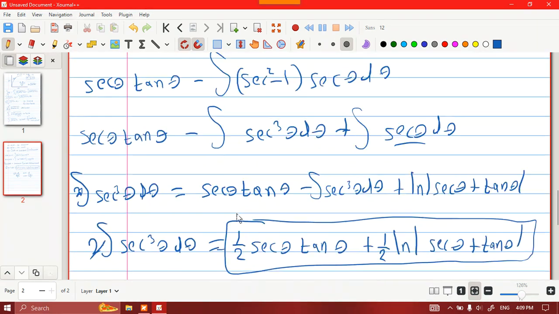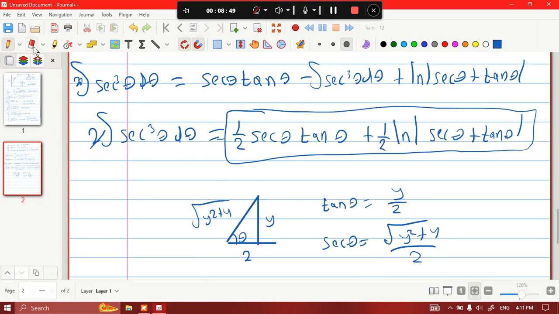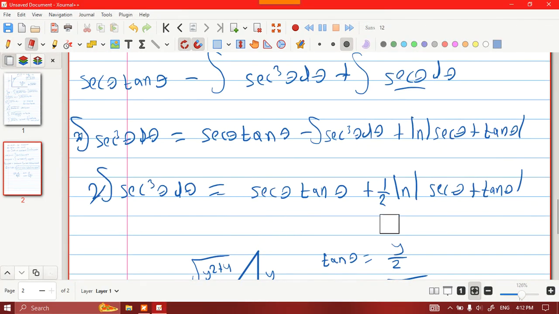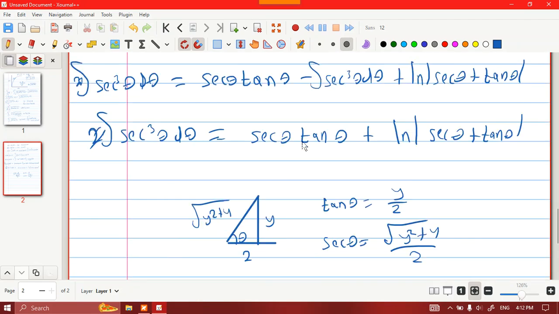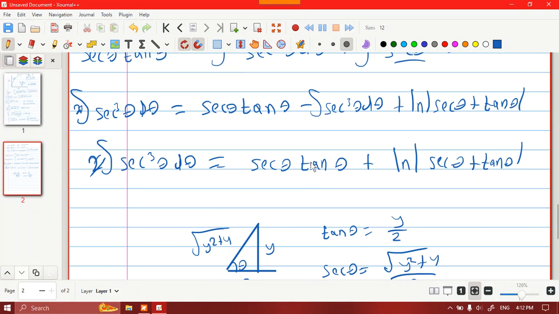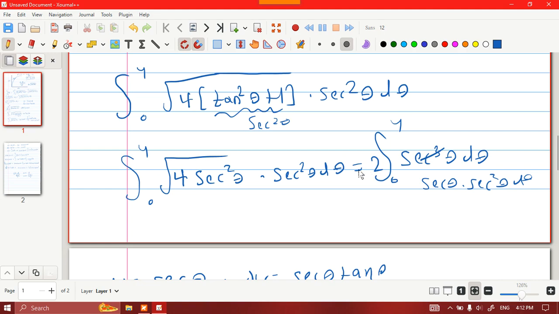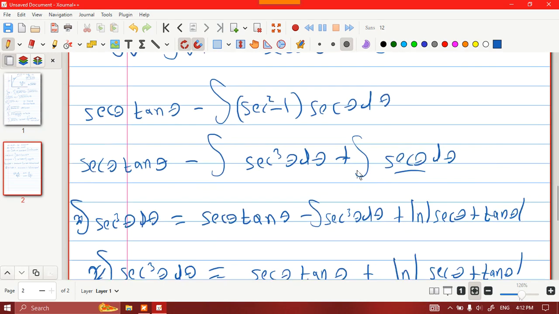Applying the equation, yes guys, this will cancel because I have 2 here. This 2 is there, so 2 will cancel, so no need to divide by 2 because we have 2 here already.